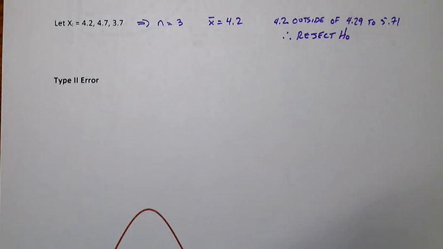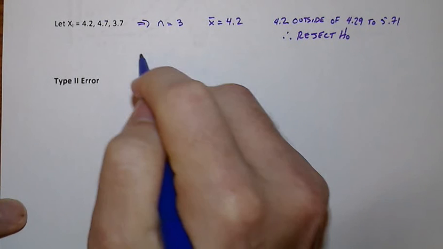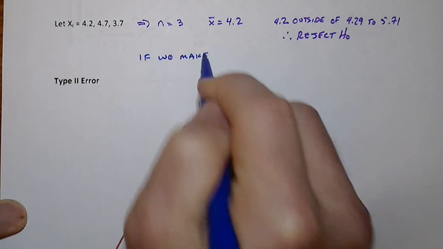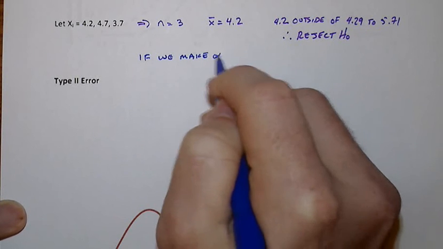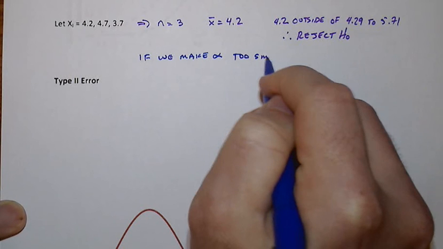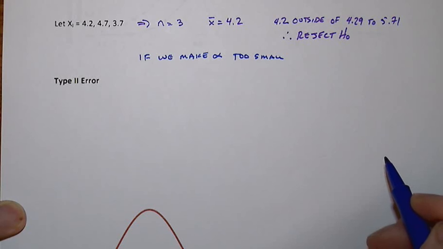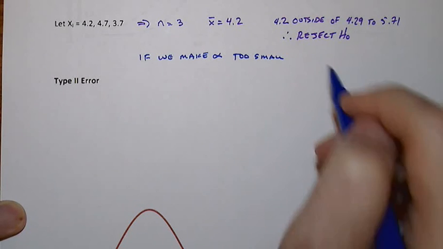Okay, so note if we make alpha too small, right, that's going to broaden out our interval, right?